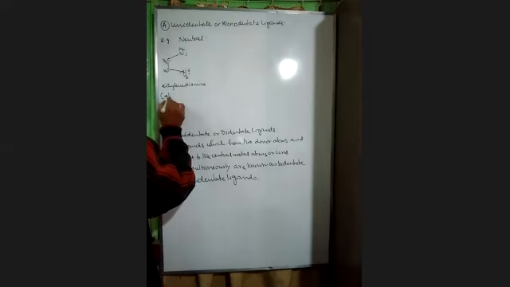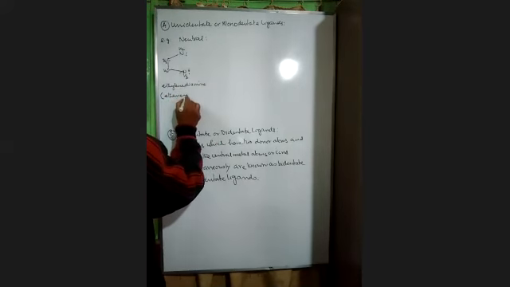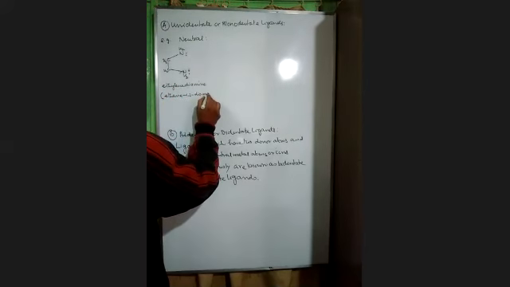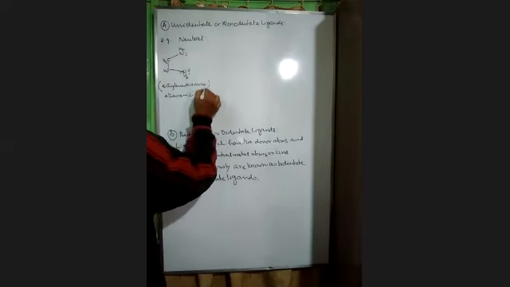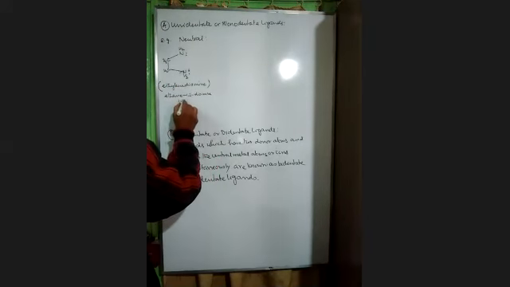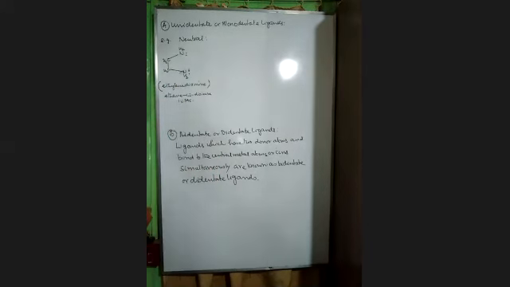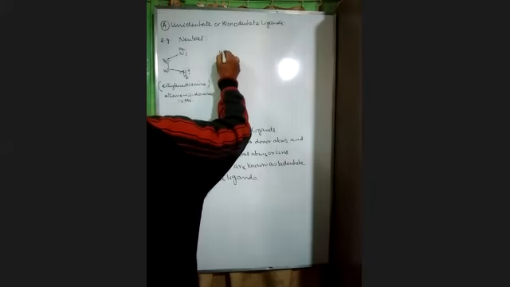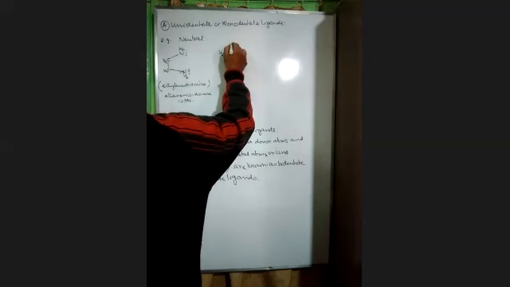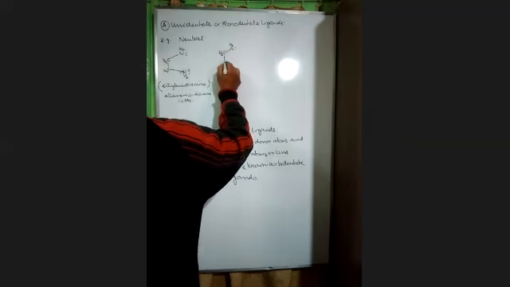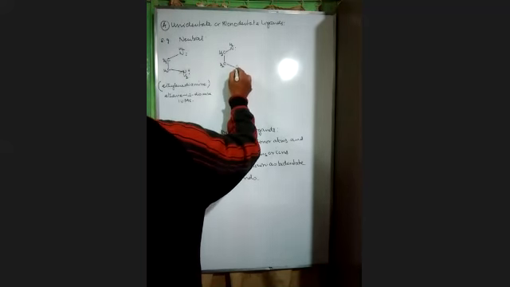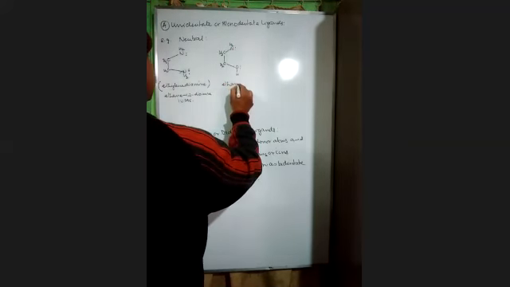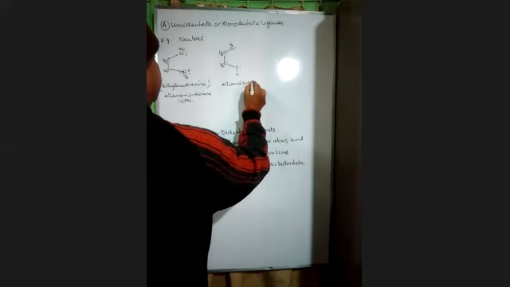We write ethane 1,2-diamine. This is the common name, this is the IUPAC. Then we call this ethanolamine.